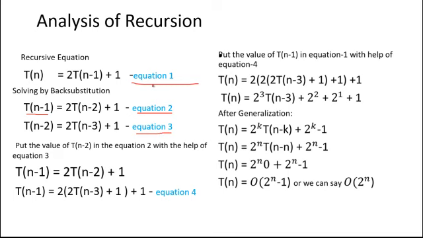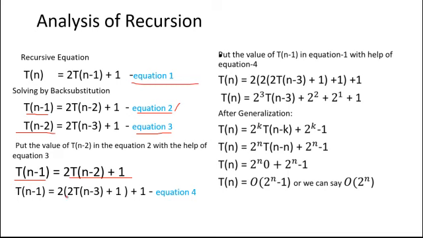Then let us put the value of T of n minus 2 in equation 2 with the help of equation 3. So we have T of n minus 1 is equal to 2T of n minus 2 plus 1. So substitute the value of T of n minus 2.